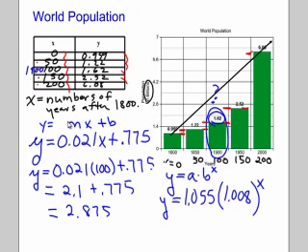Model looks totally different here because it is actually an exponential model.